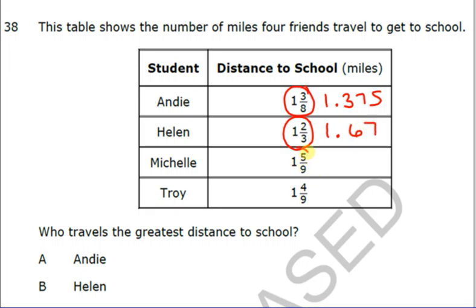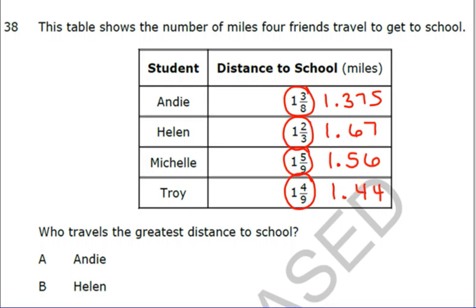Okay? 1 5/9. 1 point, and in your calculator, do 5 divided by 9. And again, if you get a long decimal, that's okay. Round it off. We just need to get a general idea. Last one, 1 4/9. 1 point, and then do 4 divided by 9 in your calculator, and round it off.